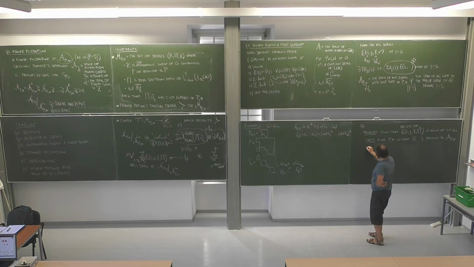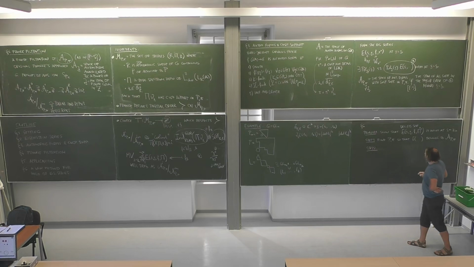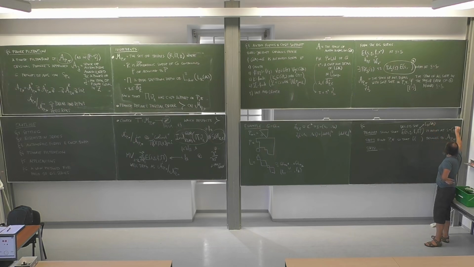Step 2. This Eisenstein series is given by some pi, which is a representation of some Levi factor of some parabolic, and it has to be evaluated at some z underline.